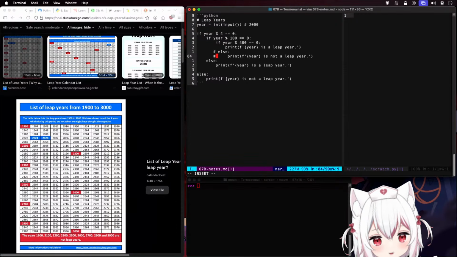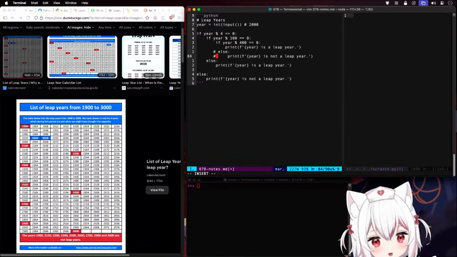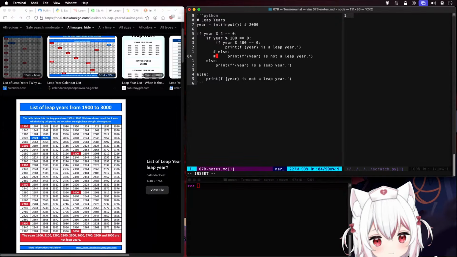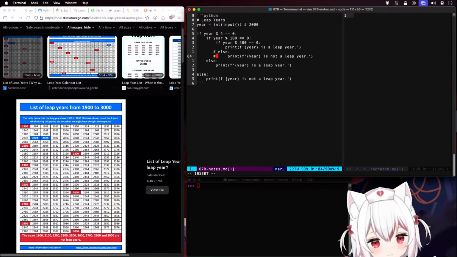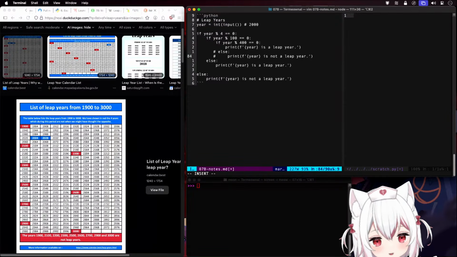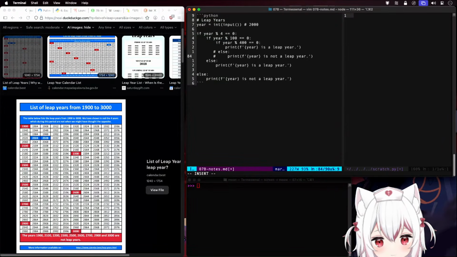So 1900 is divisible by 4. It's not divisible by 400. 2000 is divisible by 400. 2100 is not divisible by 400.